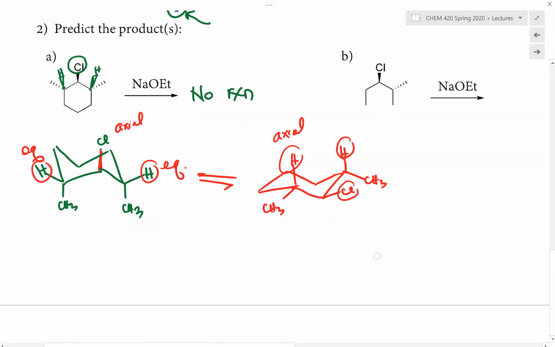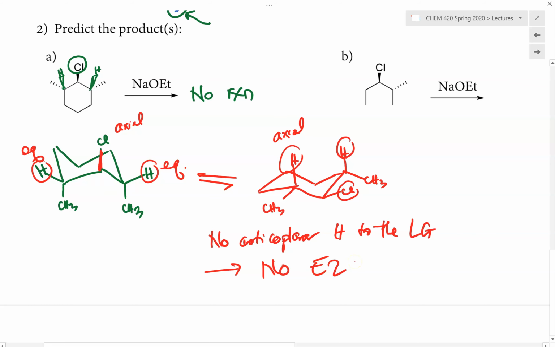So therefore we cannot get the anti-coplanar hydrogen to the leaving group. So no anti-coplanar to the leaving group, and therefore no elimination, no E2 reaction.